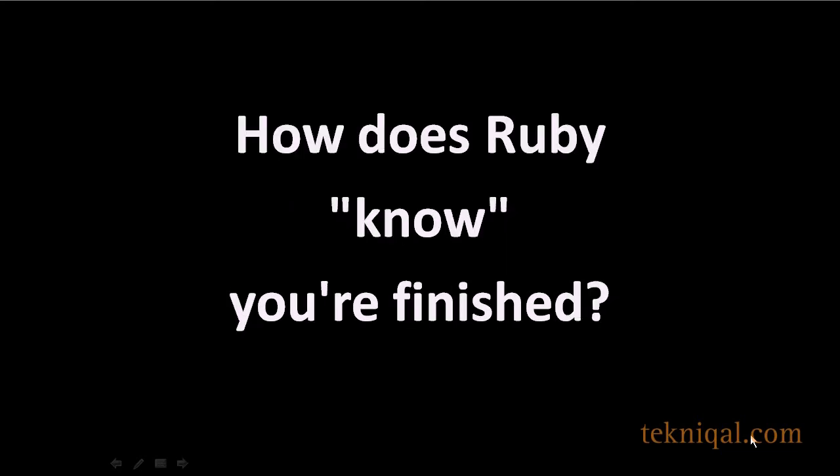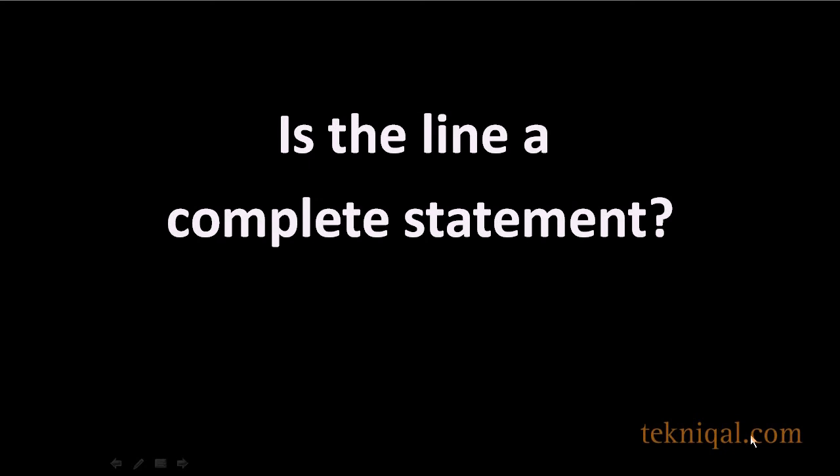Ruby knows that you finished your statement if the line is a complete statement, and the way that you specify that is by using one of these operators starting from top to bottom: the optional semicolon, the backslash character as an indication of line continuation, the dot operator as part of a method invocation, or the comma operator as part of a hash or array definition.